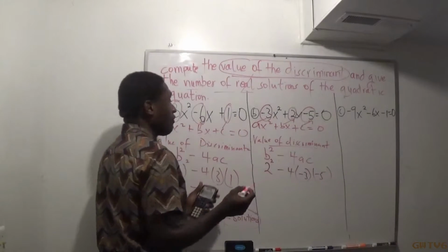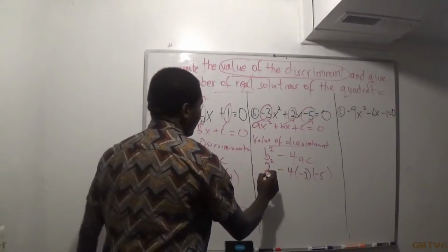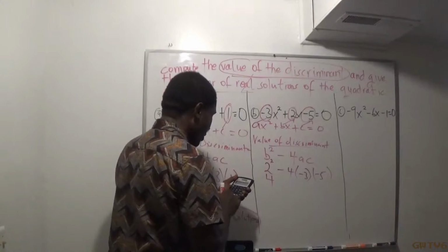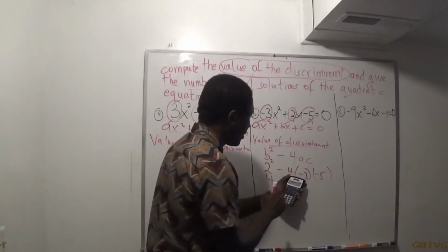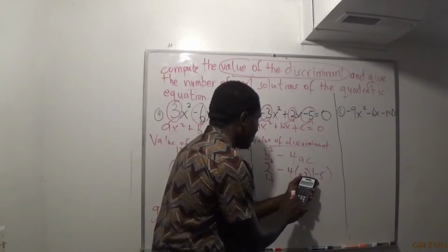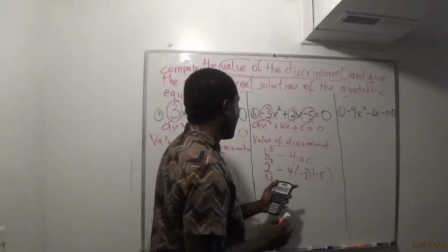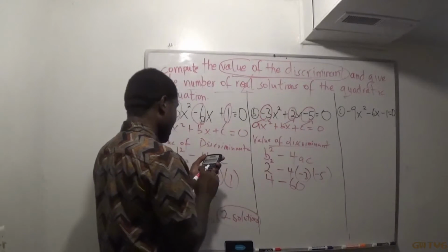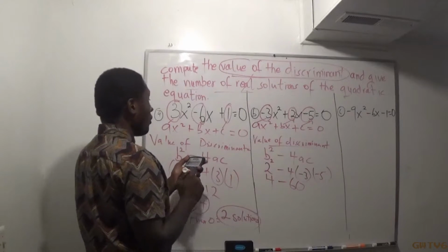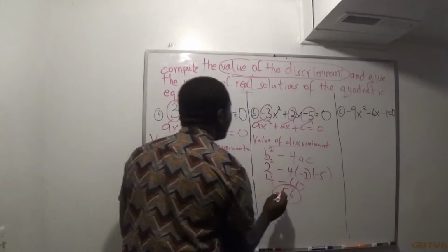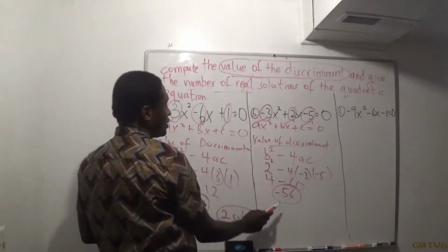So now I'm just going to solve it. 2 squared is 4. And then -4 times -3 is positive 12. And then times -5, that's -60. Now 4 minus 60 is -56. So that would be my value of the discriminant.